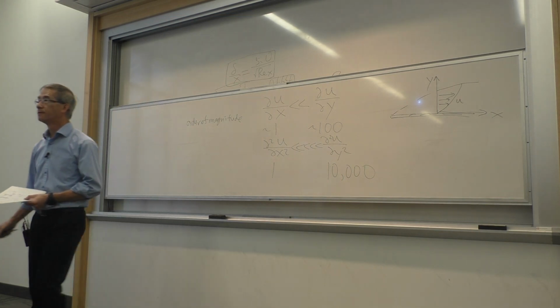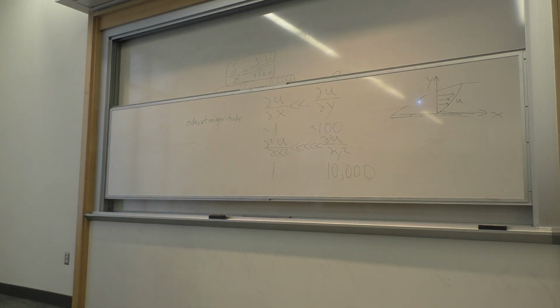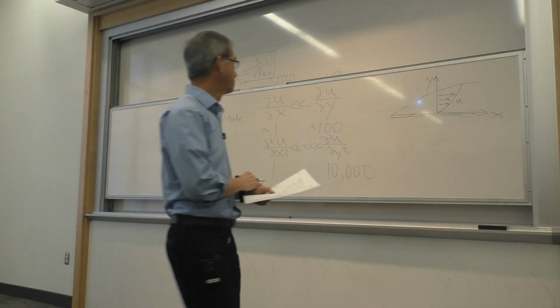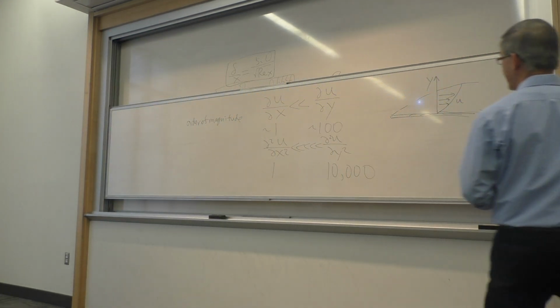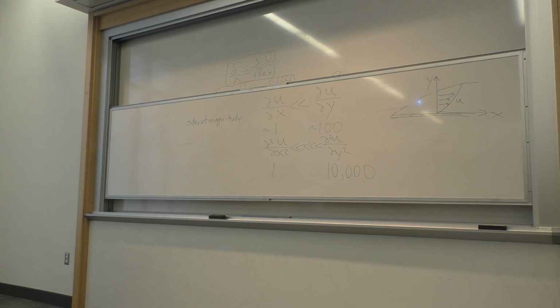Yes? If it's so small, why not just use the partial effect of x in the equation? Say that again. Which equation? In the second equation, if it's so small, why don't we just look at du dx? That's a good point.